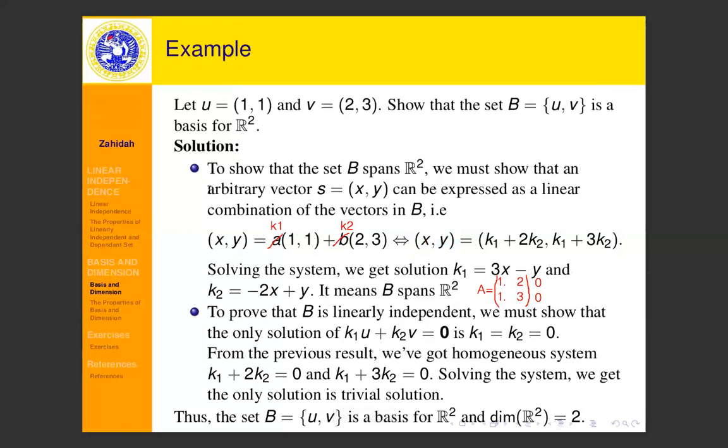Okay, since our set B spans R2 and is linearly independent, we conclude that our set B here is a basis for R2. And for the dimension of R2, the number of vectors in the basis, we have 2 vectors here.